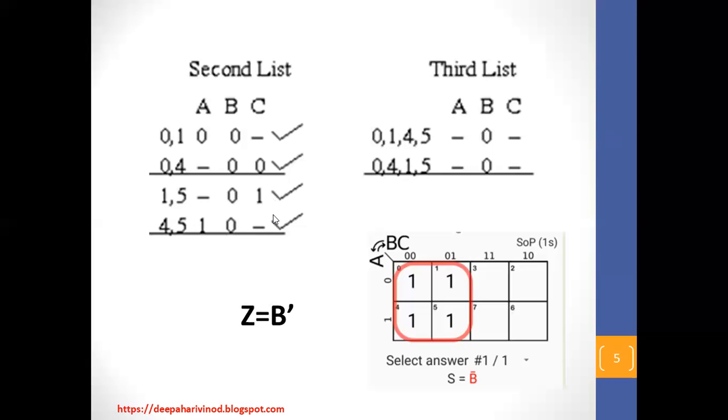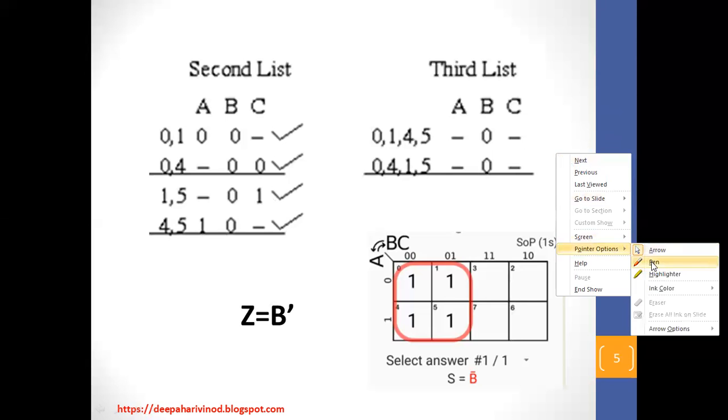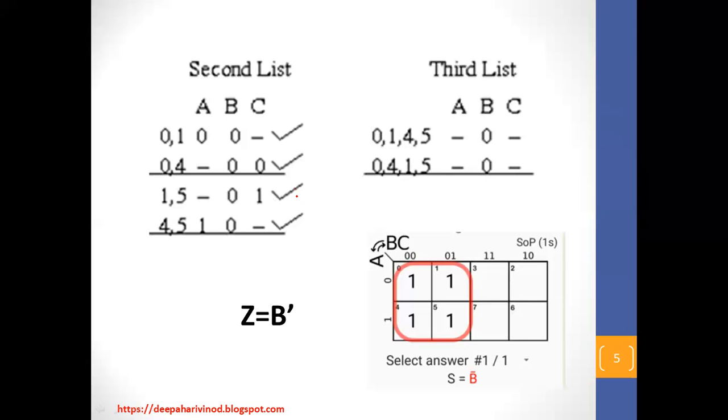And 4, 5 you compared, so you have put a tick mark over there. 0, 1 I have put a tick mark. 4, 5. Now remaining 0, 4 I have to compare with 1, 5 and 0, 4 with 4, 5.